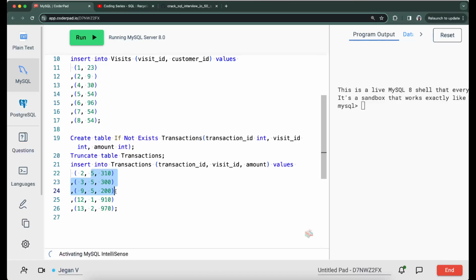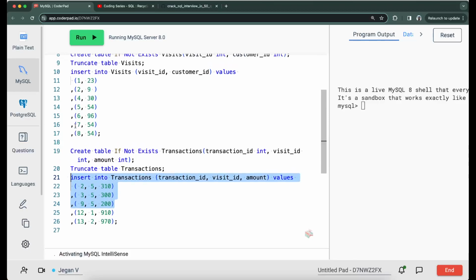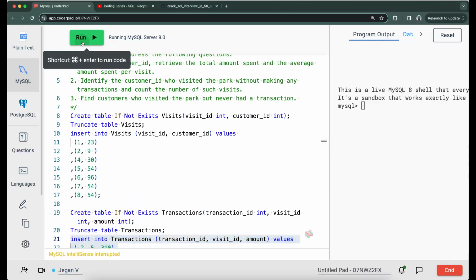That means customer 54 got 3 transactions on the visit of 5, so $810 has been spent on one visit. Now let's create the table.